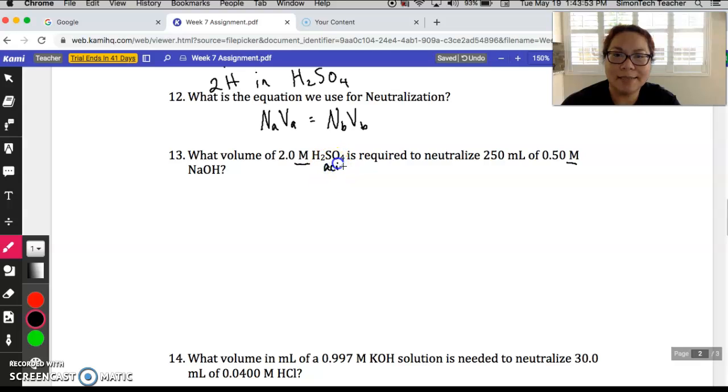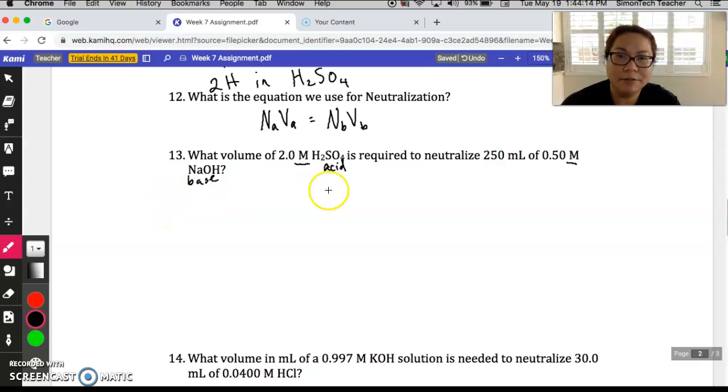So this is the acid and this is the base. The full question is, what volume of 2.0 molar sulfuric acid is required to neutralize 250 milliliters of 0.50 molarity of NaOH? Sodium hydroxide, which is the base.